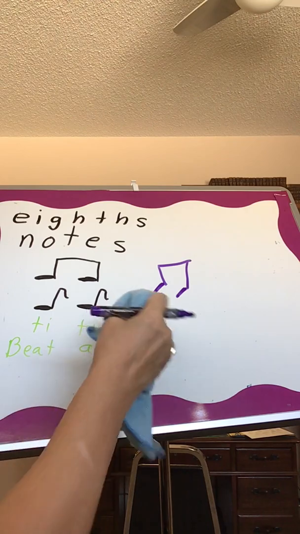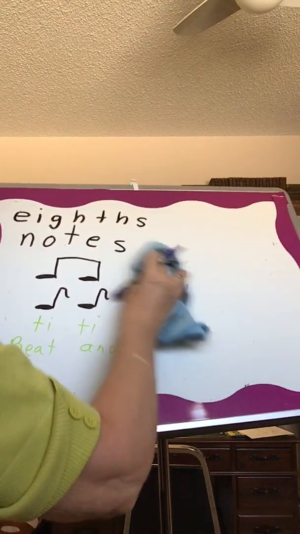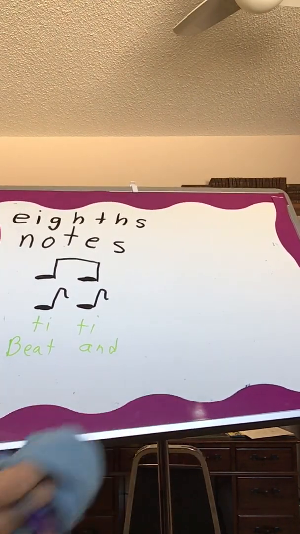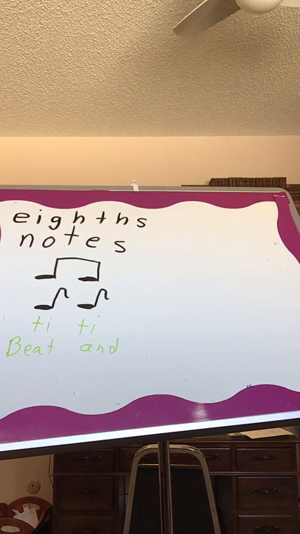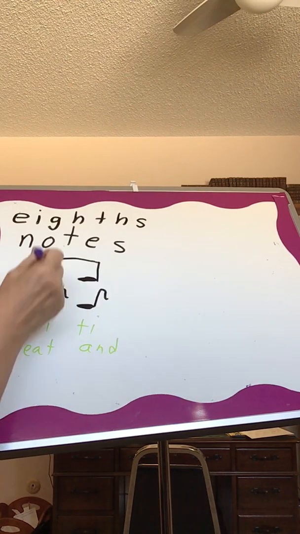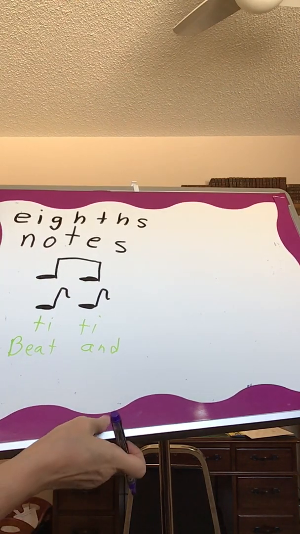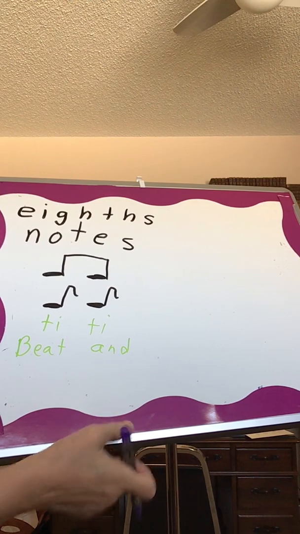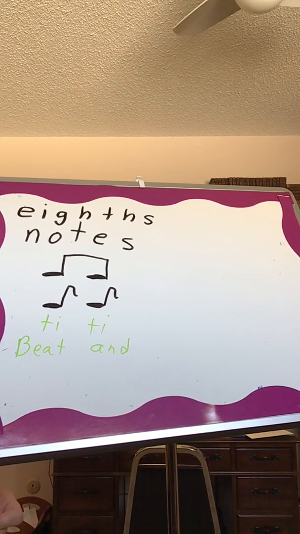So let's make sure you have no ballerina shoes. Make sure your paper looks like 8th notes. Give me the flag notes and the hat notes. These are the flag notes. These are the hat notes. Make sure your paper looks exactly like mine. Okay?